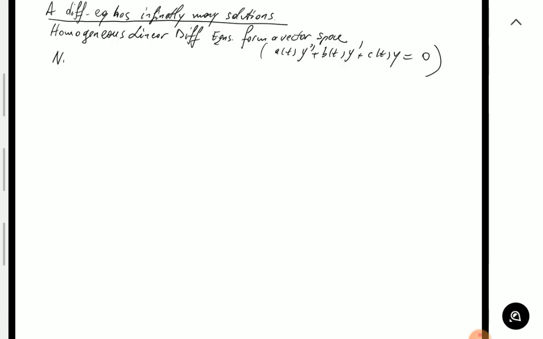But as long as you have 0 on the right-hand side, that is, if there is no isolated term that depends on t alone, it is homogeneous. Non-homogeneous linear ODEs do not form a vector space.